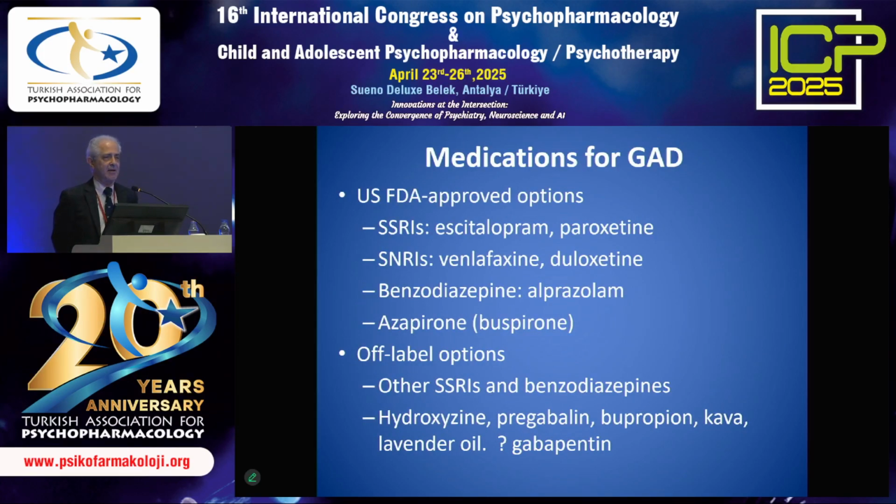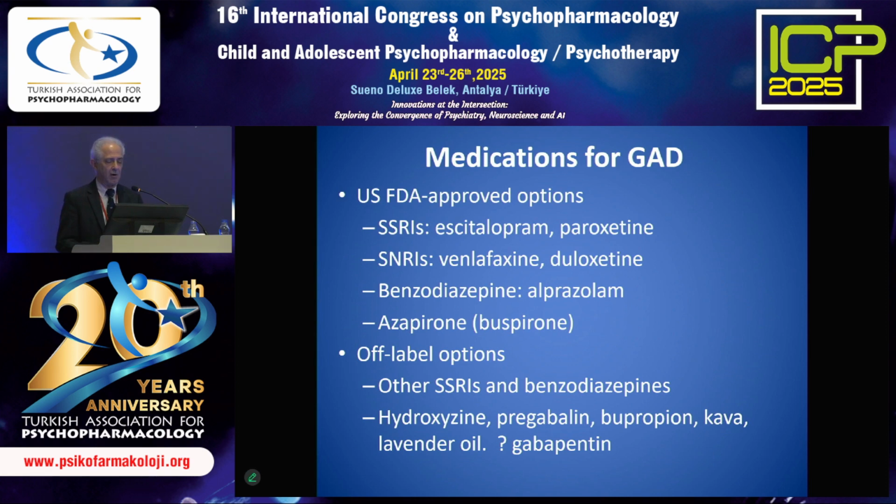So to turn to the medications then that we have, there are a number of medications approved in the United States for GAD. We have 2 SSRIs that have that approval, escitalopram and paroxetine. We have 2 SNRIs, venlafaxine and duloxetine. We have 1 benzodiazepine, alprazolam, and 1 azapirone, buspirone.